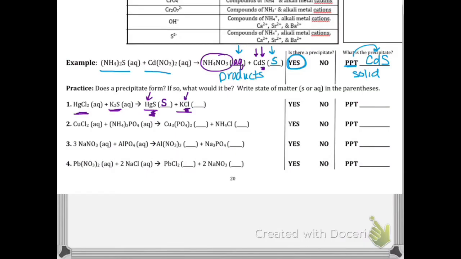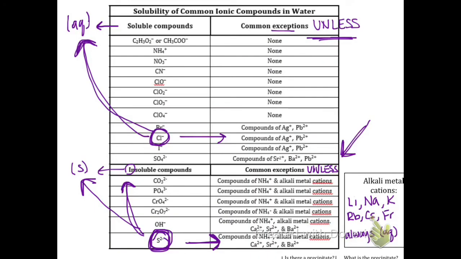Is the chlorine attached to a silver or a lead? The answer is no, so that means it will be aqueous. Another thing: potassium is an alkali metal, and alkali metals are always aqueous.